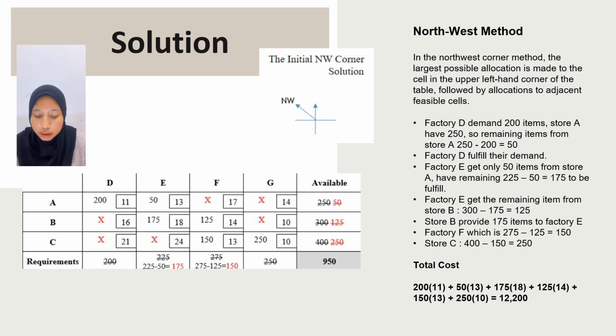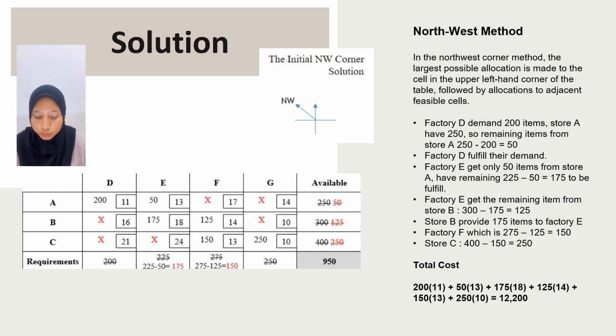Factory E gets only 50 items from store A, and has a remaining 225 minus 50 equal to 175 to be fulfilled. Next, factory E gets the remaining items from store B, which is 300 minus 175 equal to 125.